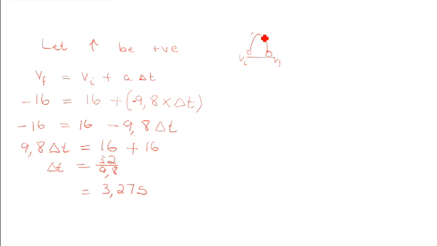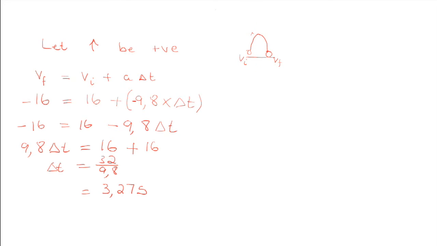Take from the bottom, right round, and then to the bottom again. Because they are at the same level, if there was no air resistance, the initial velocity will be equal to the final velocity. And we know the time taken to go up will be the same as the time taken to go down. What I was trying to avoid was finding the time for this only.